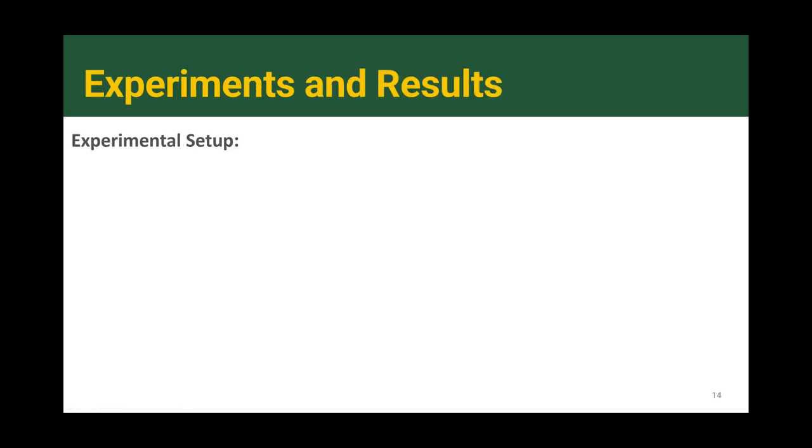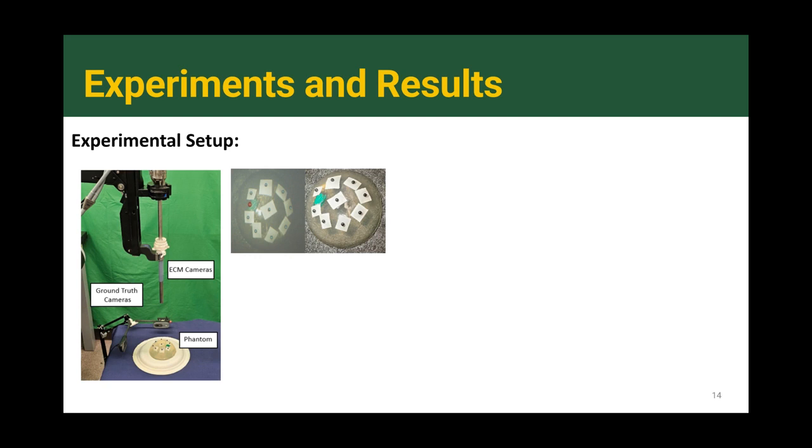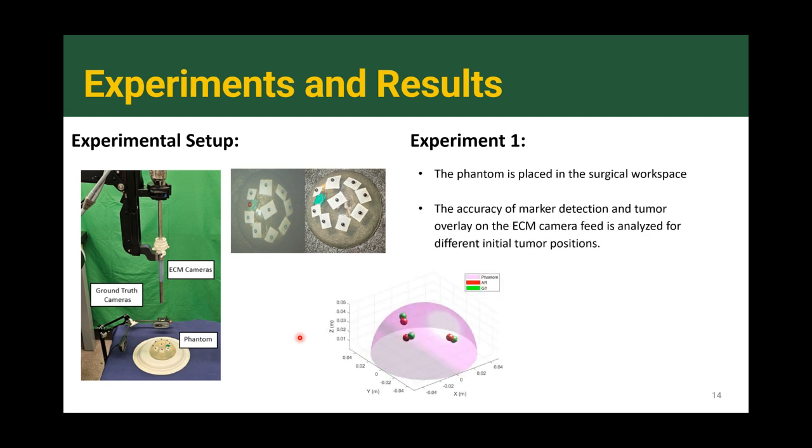So going into the experiments now, I've shown the experiment setup before, but you see the image of the phantom as well. We made this using gelatin, and on the left-hand side is what the surgeon sees on the console. You can see the green blob here is the actual tumor, and this red superimposed blob is the augmented tumor. So for the first experiment, we placed the phantom in the surgical workspace, and the goal was to just detect the accuracy of the marker detection and tumor overlay using the ECMs for different initial tumor positions.